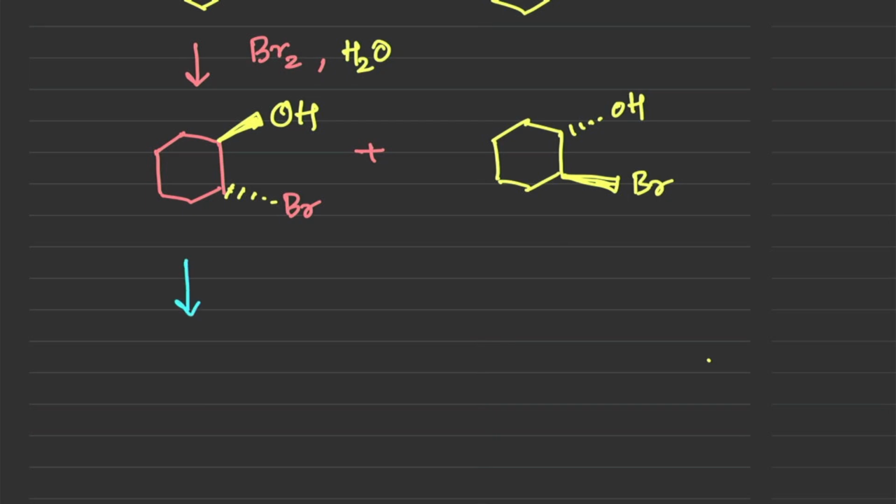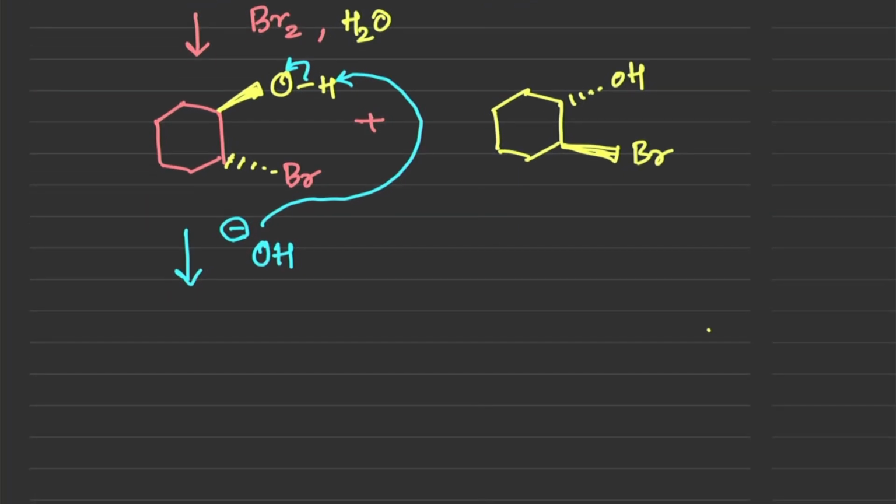What would happen if I treat it with OH minus? This proton here is an acidic proton, and OH minus is a base, so we can deprotonate this and we will end up making an alkoxide ion.